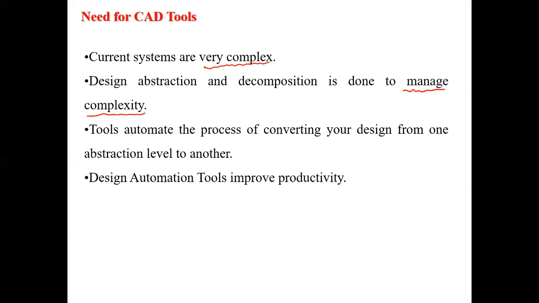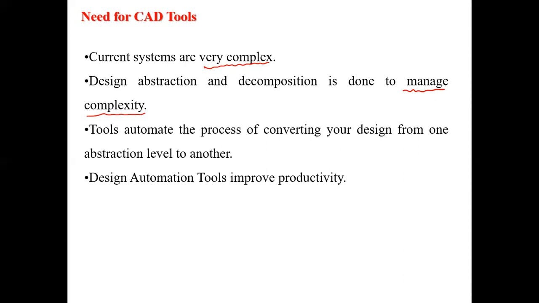And finally, design automation tools improve productivity. Suppose we make a design and implement it using the old technology, and after that the system engineers decide that this portion needs to be modified. Then we would have to do the whole process again manually.